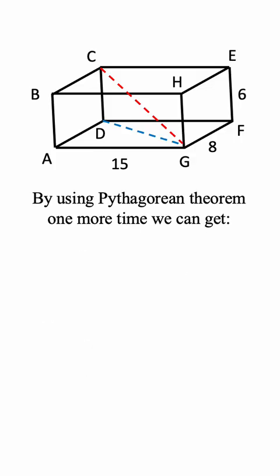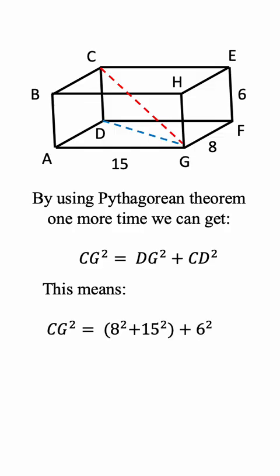Then by using the Pythagorean theorem for CG, we can incorporate the value that we found for DG, and by substituting this value, we will get CG to the power of 2 is equal to 8 squared plus 15 squared plus 6 squared.